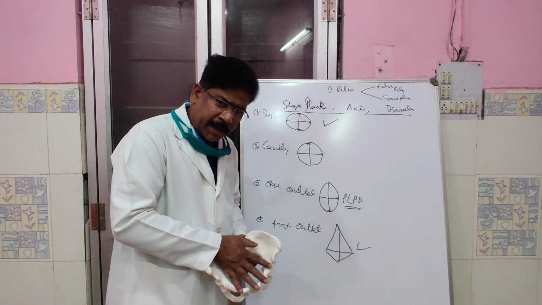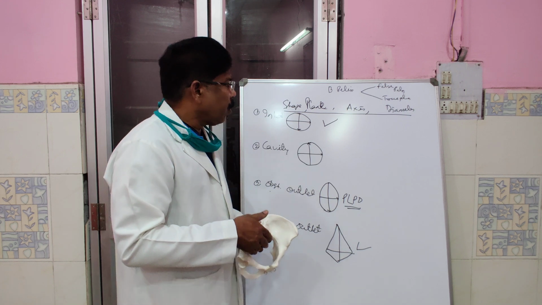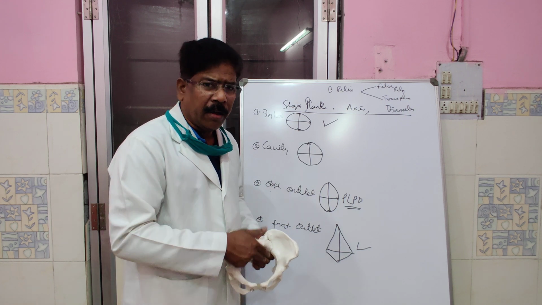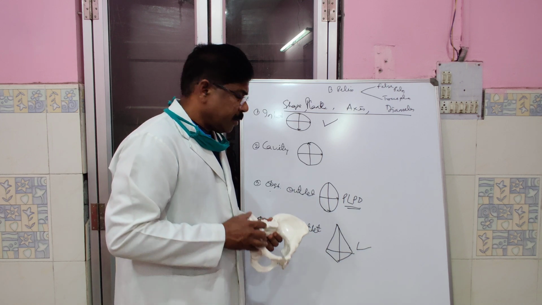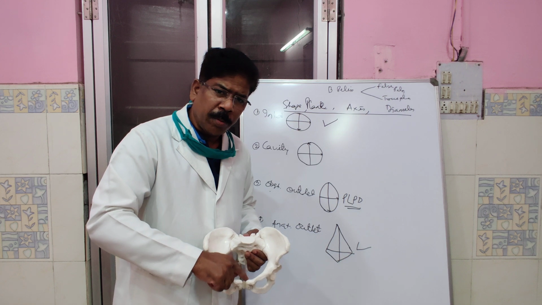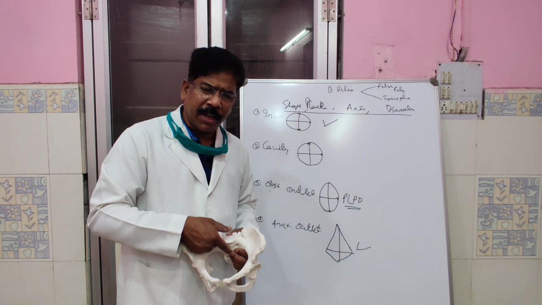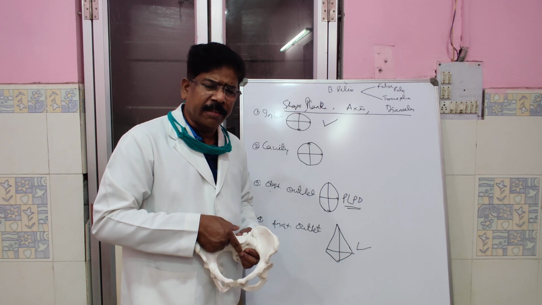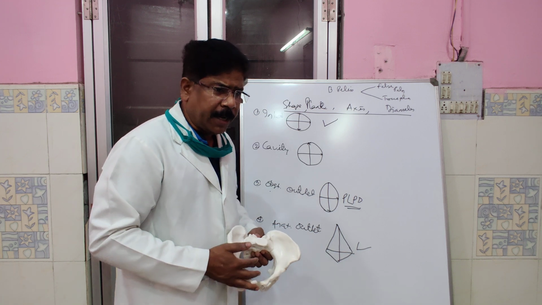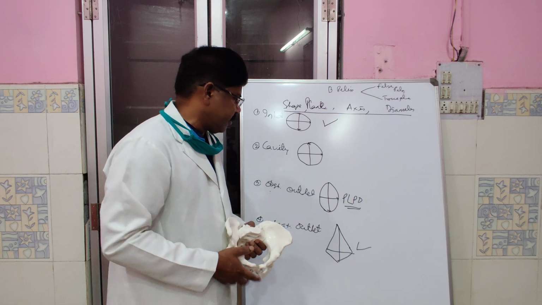So the inlet is a plane; if you draw a mid perpendicular line on it, you will get the axis. Similarly, in the cavity, the plane starts from the most prominent point behind the symphysis pubis and ends at the junction of the second and third sacral vertebra. If you draw a mid perpendicular line to that plane, you will get the axis.